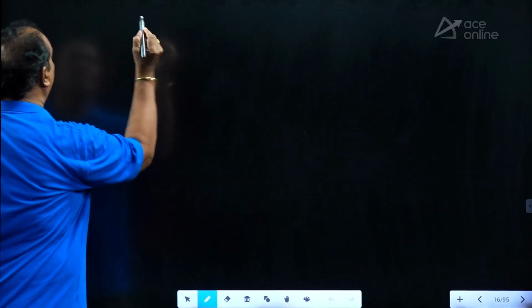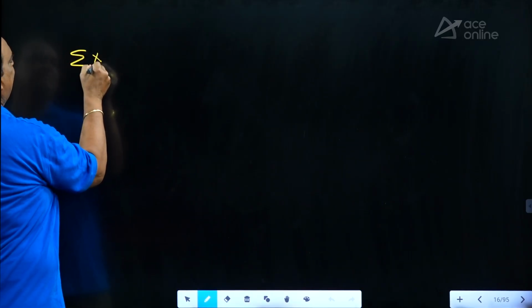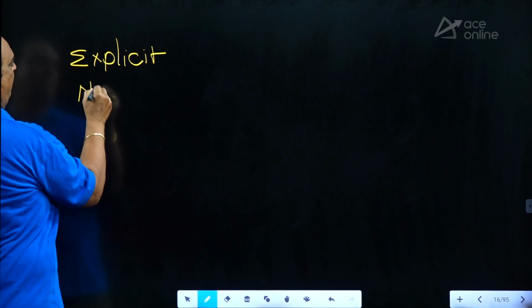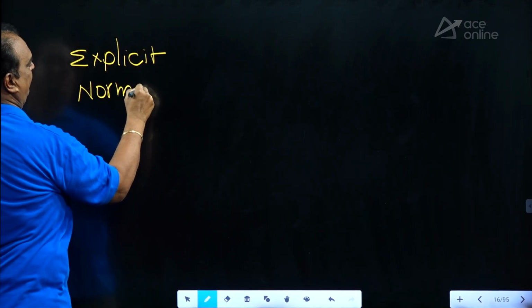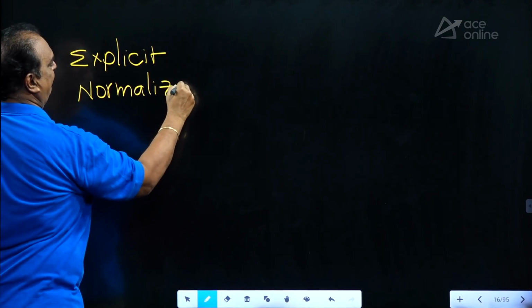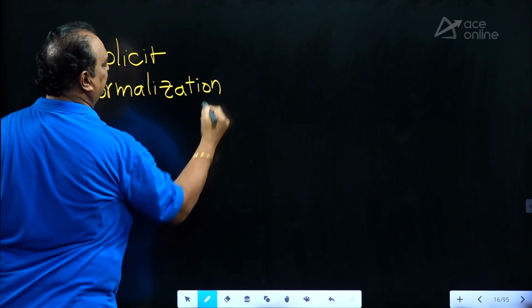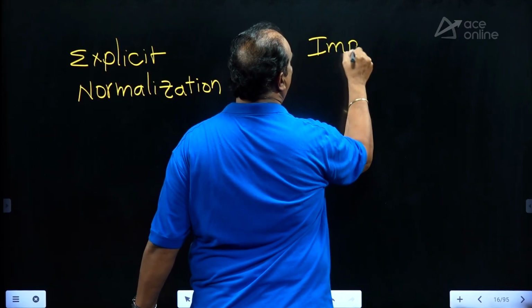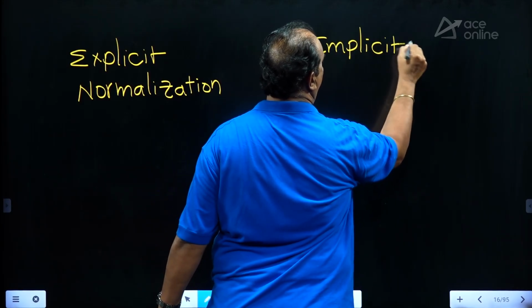What is the first one? Explicit normalization. Second one, implicit normalization.